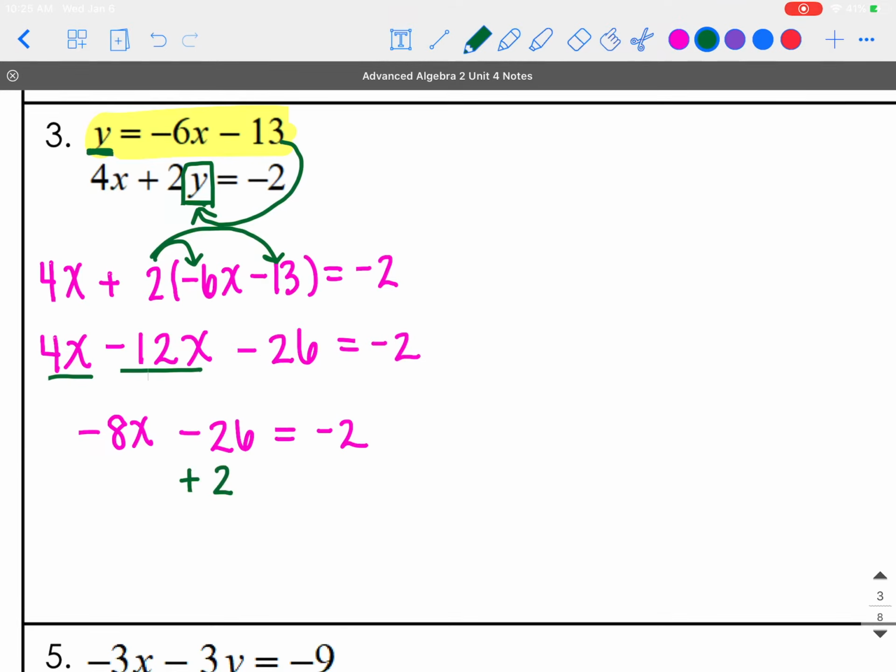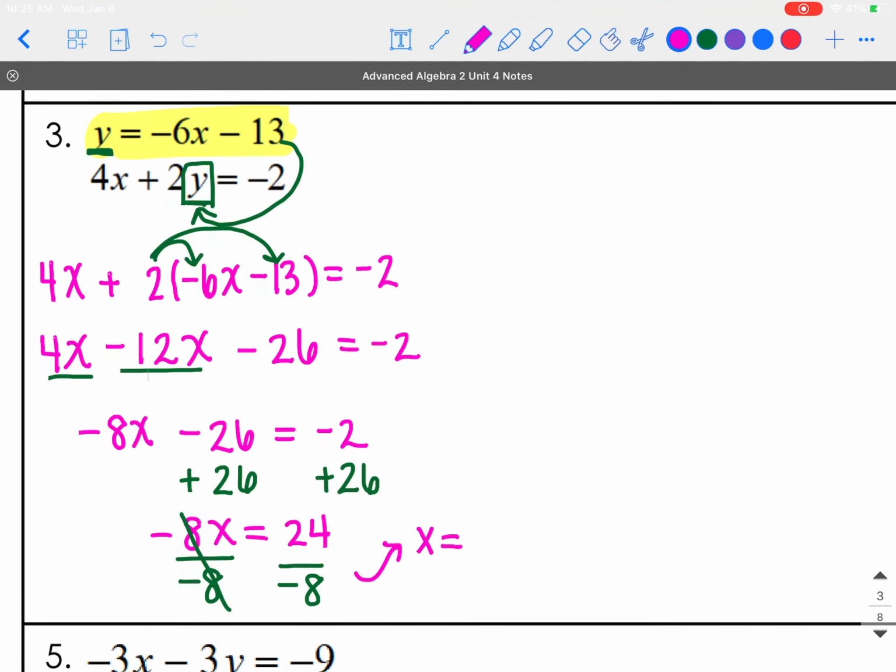Then I add 26 to both sides. And then I divide by -8. And that gives me x equals -3. So I found the x.